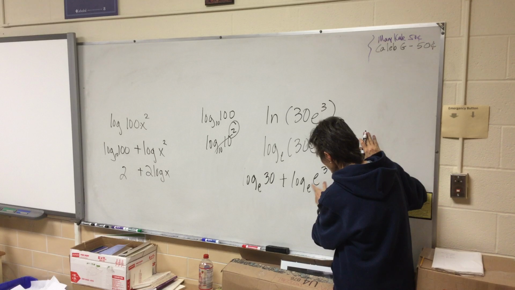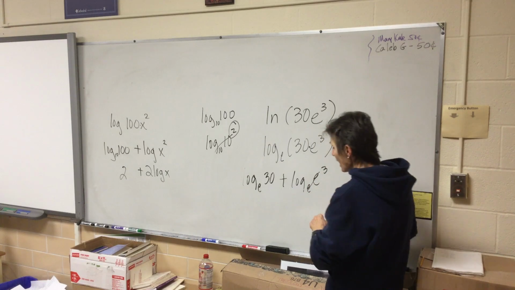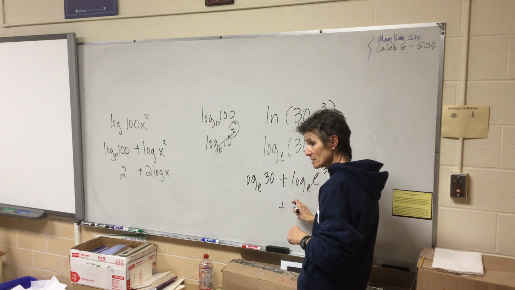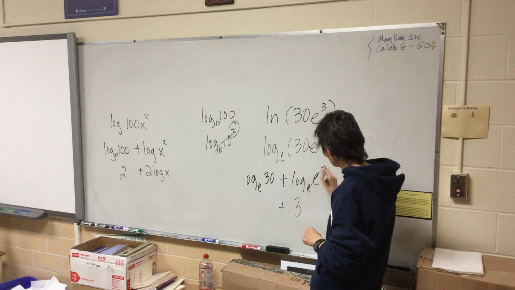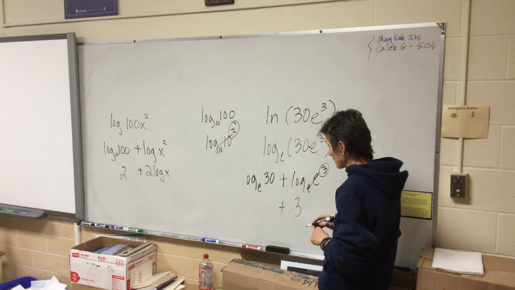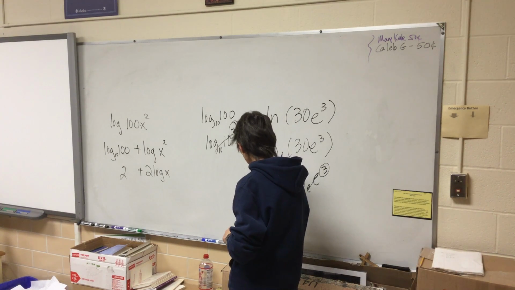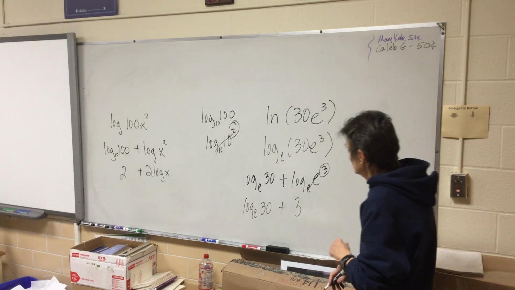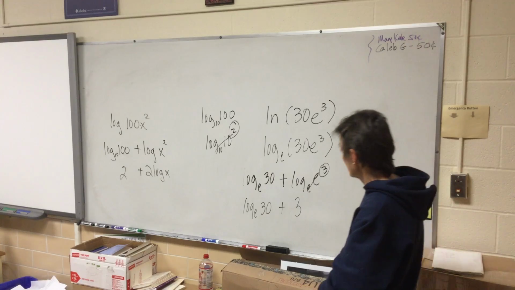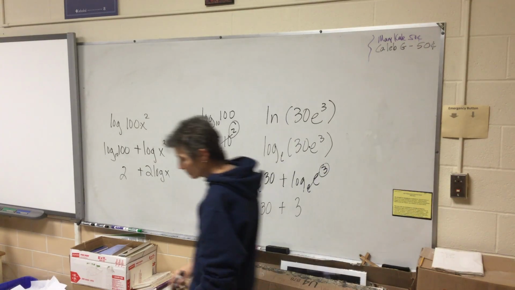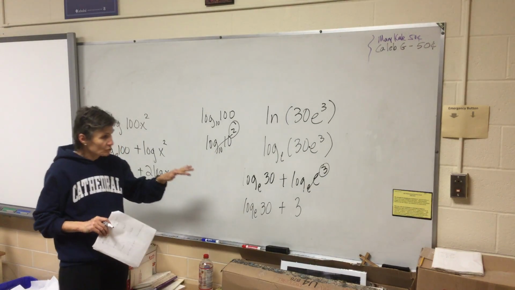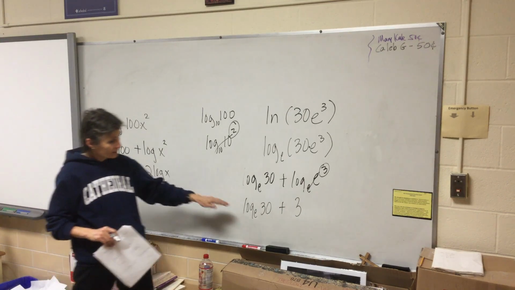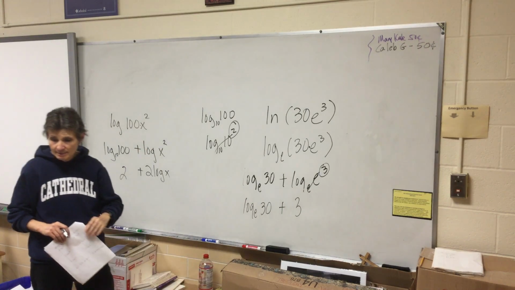These two match. So what's the answer to this piece of the problem? Since these two match, the answer is 3. And then we have the log base e of 30. And that's the answer. Now I went ahead and did that one in terms of log base e. Certainly you can have ln 30. Doesn't matter.